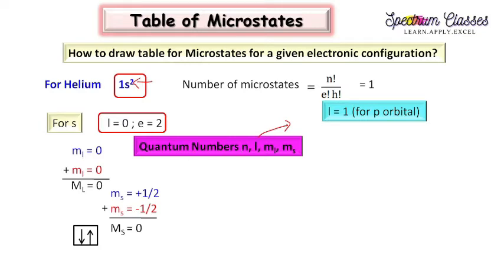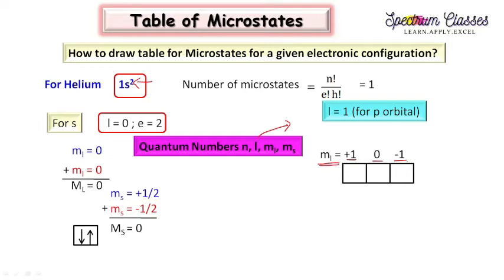But I will take the example of the p orbital to elaborate all these terms. For the p orbital, L is equal to 1. So how will I write this p orbital? Generally we write the p orbital like this, and it has values plus 1, 0 and minus 1.